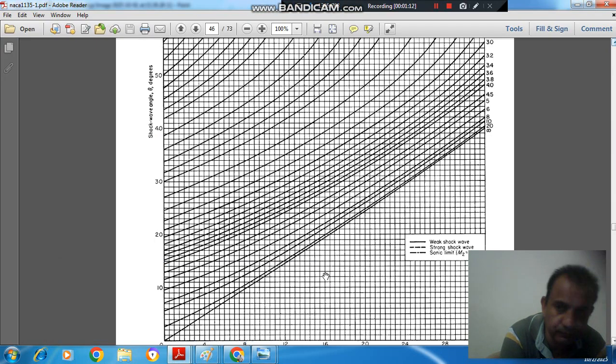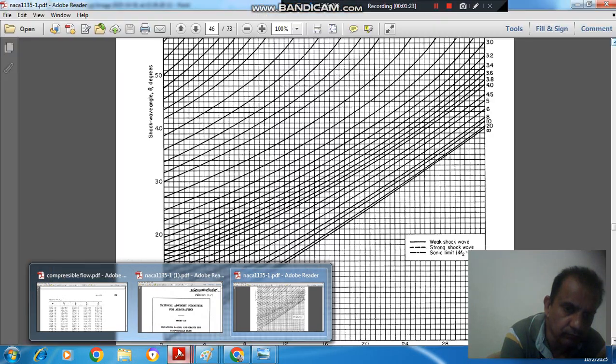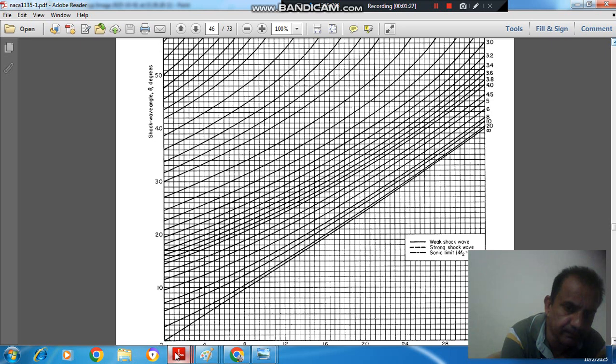Now from the theta-beta-Mach diagram, you can see that this is your 20 degree, and now it is 30 degree. So this is your 30 degree and Mach number is 3, and this is the angle. So beta is approximately 52 degree.